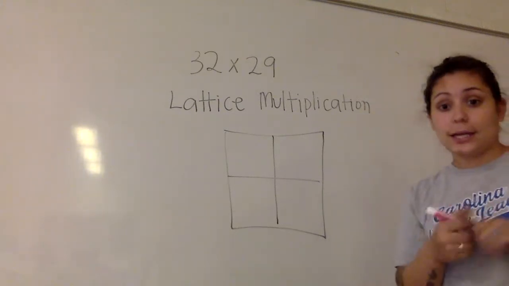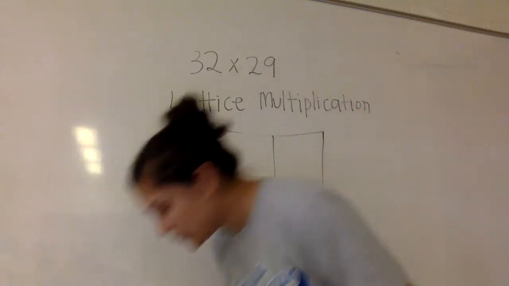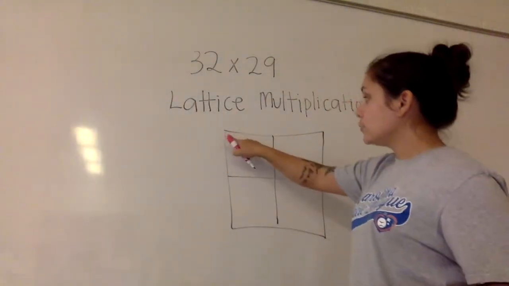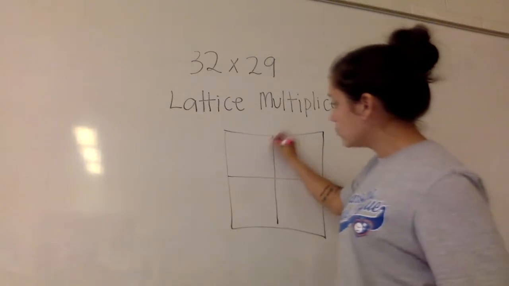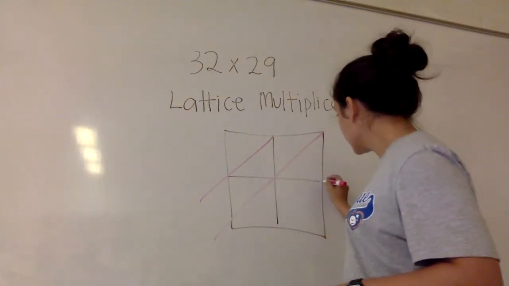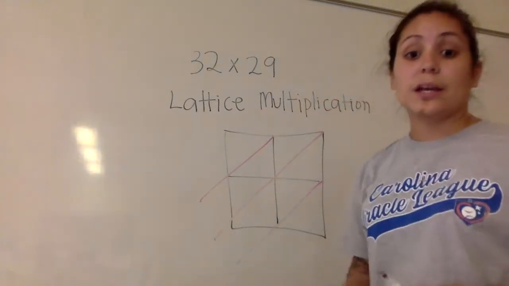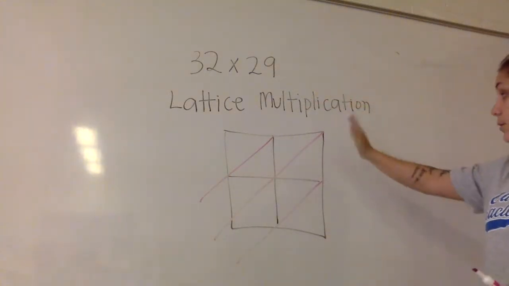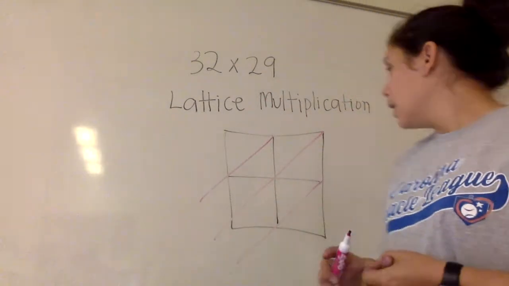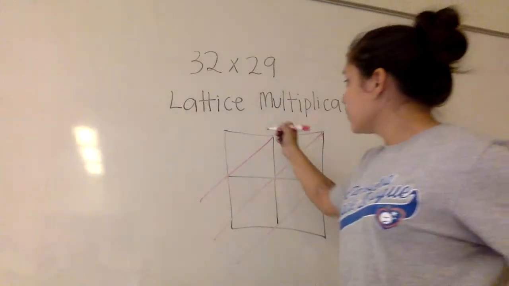And I like to take a different color. The students don't have to take a different color because usually they're going to be using pencil anyways. And you go to every corner and you draw diagonally. The reason I say every corner is because you may have 4 digits up here, so you're going to need more boxes, but we're just sticking with double digit today. So I'm going to write my numbers across.